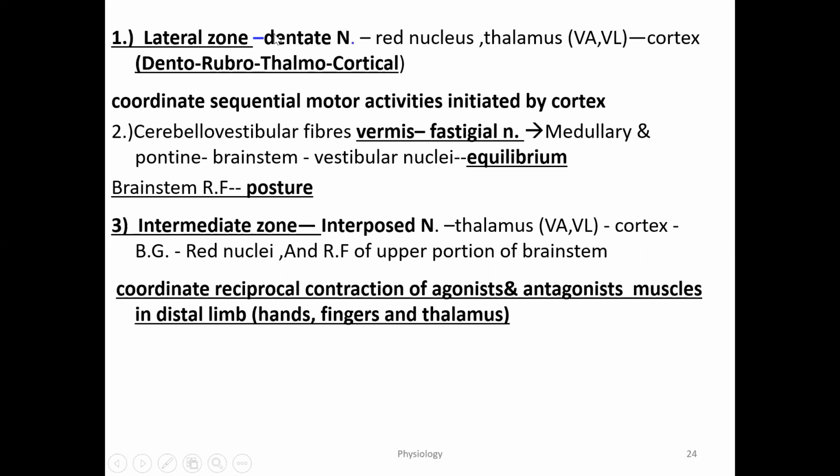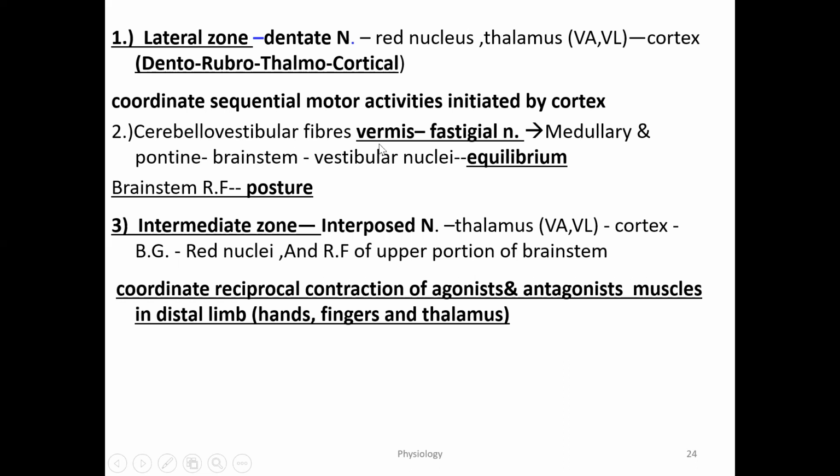The most important nucleus related to the lateral zone is called the dentate nucleus. From the dentate nucleus it goes into the red nucleus, then thalamus, and then cortex. So this is important for the sequence. The initiation of movement is done by the cortex, the corticospinal tract, but the sequence and coordination required for that particular movement is done by this lateral zone of the cerebellum.